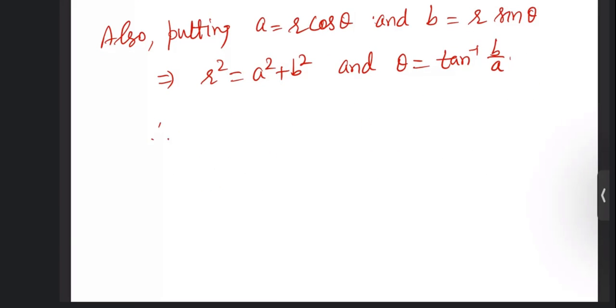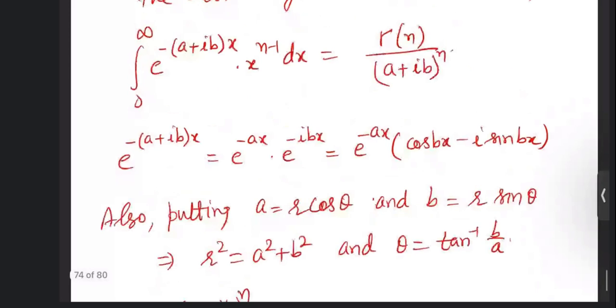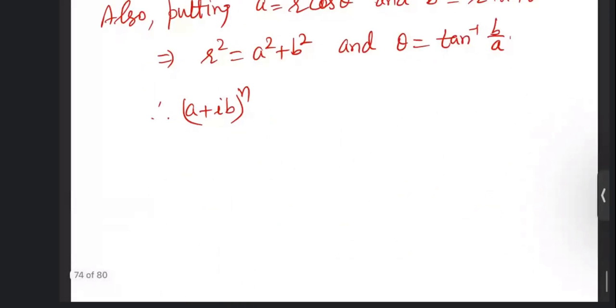Therefore, (a plus iota b) raised to the power n, which is in the denominator of the right hand side, will become (r cos theta plus iota r sine theta) raised to the power n.